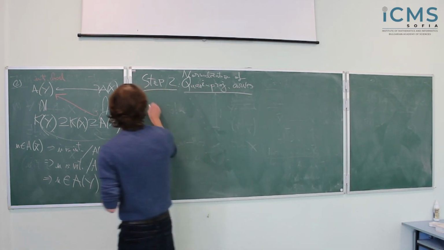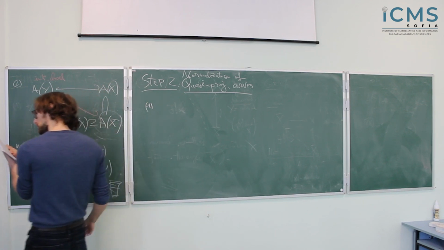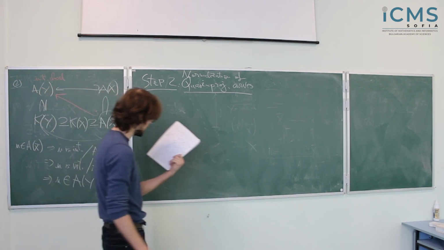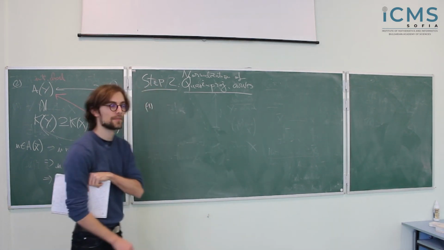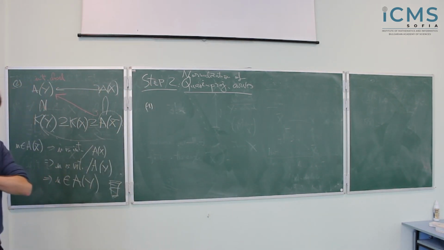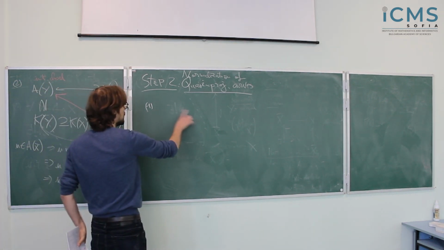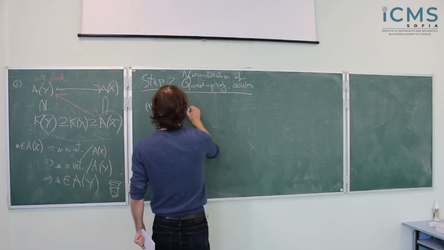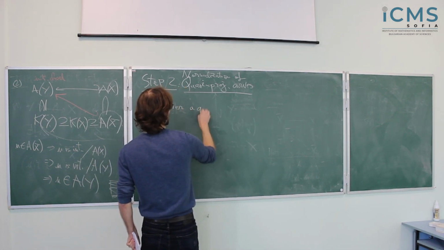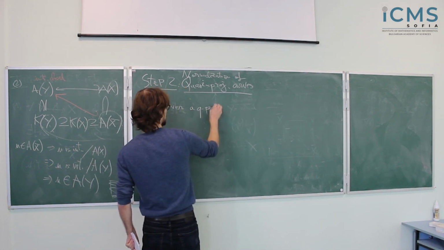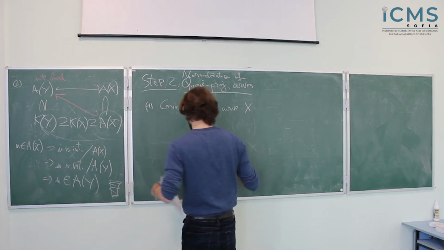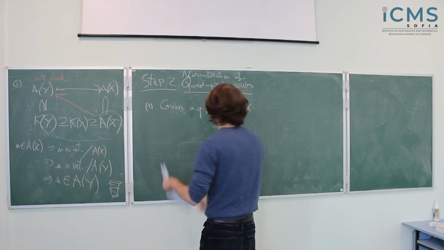This will take, let's see, 1, 2, 3, maybe 8 steps mostly. But each one is meant to be something simple to digest, of course. First of all, we want to cover a quasi-projective curve, X.